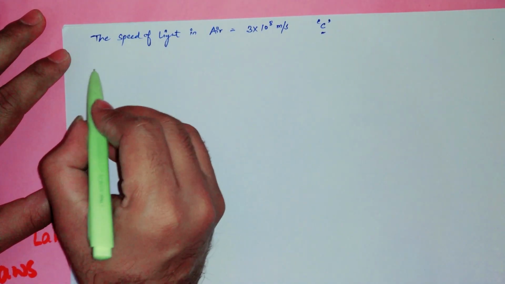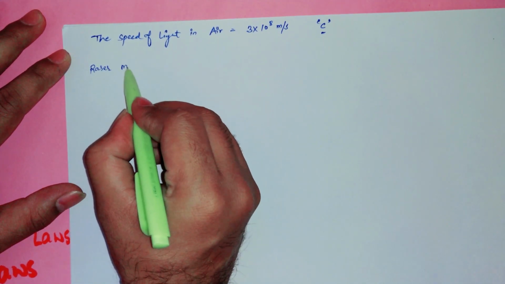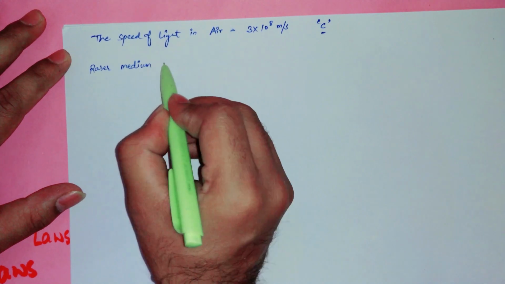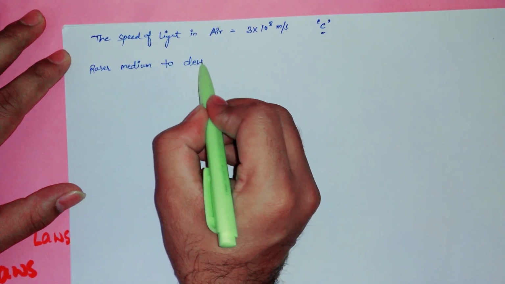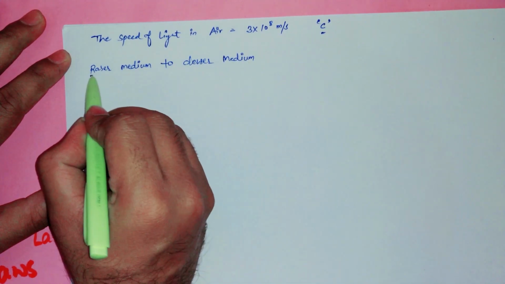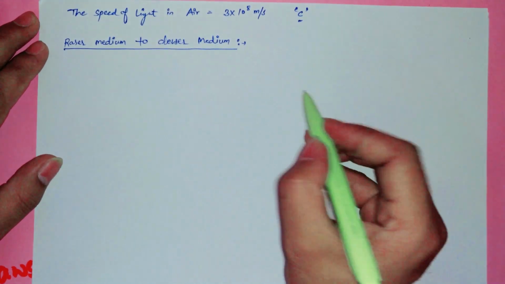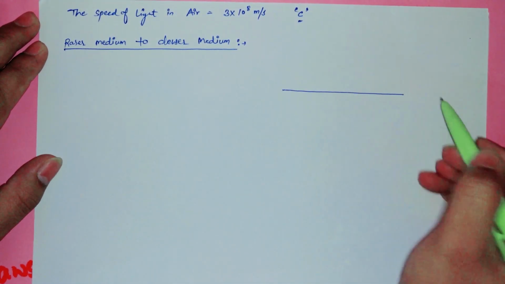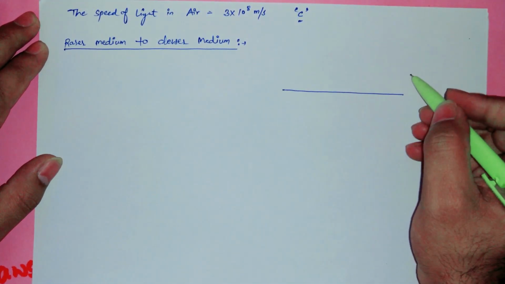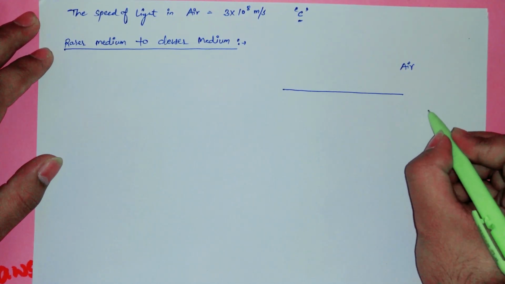Now when light goes from a rarer medium to denser medium, what will happen? Suppose we have an interface and above the interface this is air and below the interface this is glass.